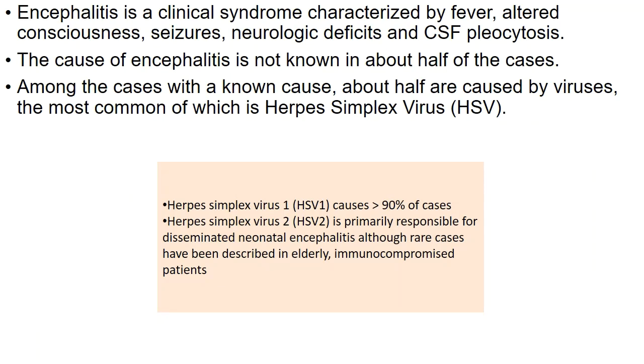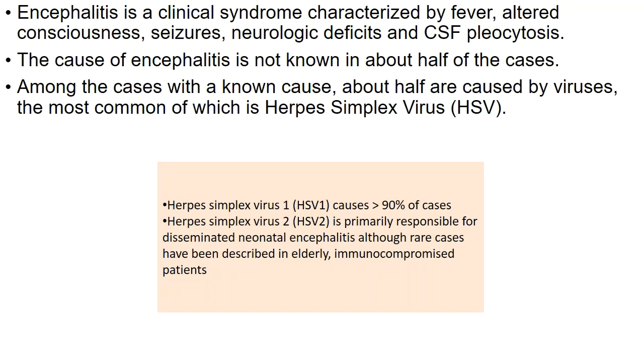Encephalitis is a clinical syndrome characterized by fever, altered consciousness, seizures, neurological deficits, and CSF pleocytosis. The cause of encephalitis is not known in about half of the cases. Among the known causes, about half are caused by viruses, and the most common is the herpes simplex virus.